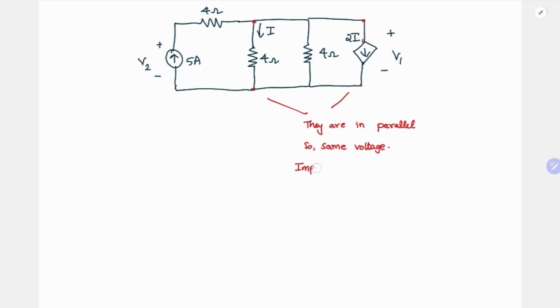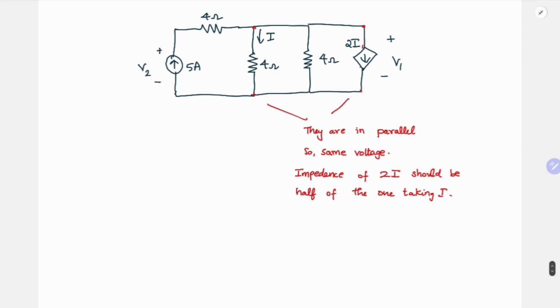So the impedance of the 2I branch should be half of the one taking I. So I can as well replace this with a 2 ohm resistor. Yes, that's simple.